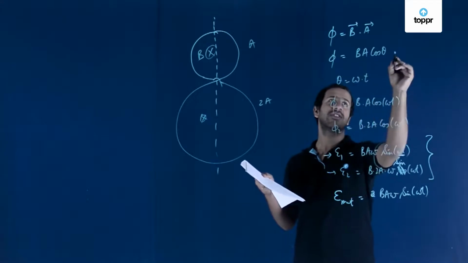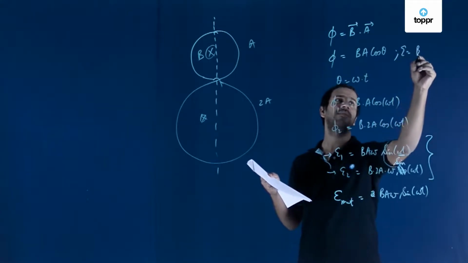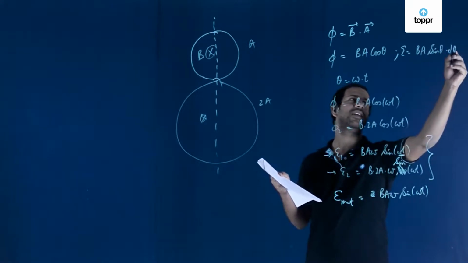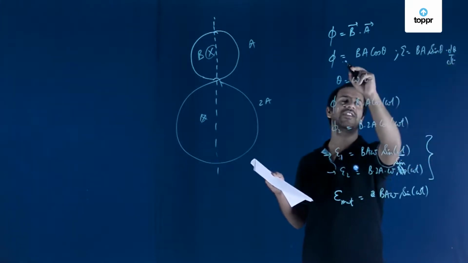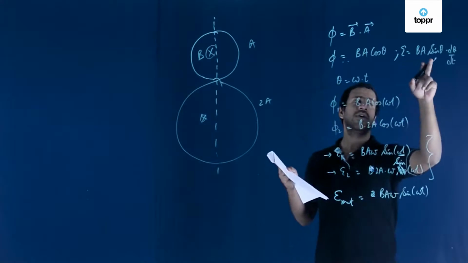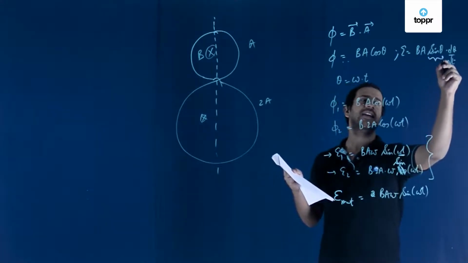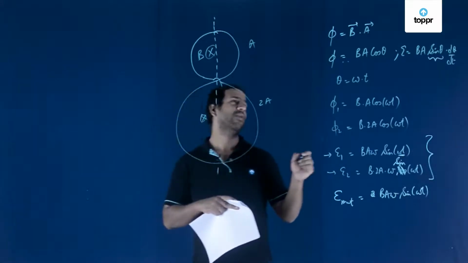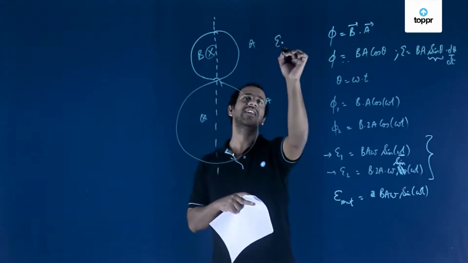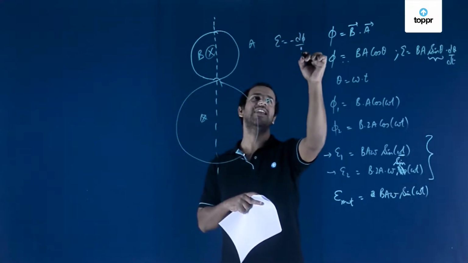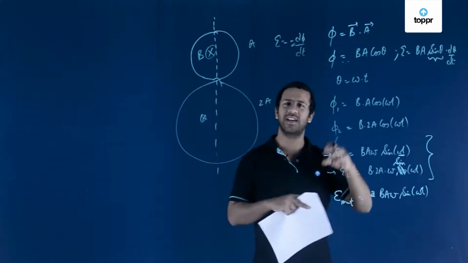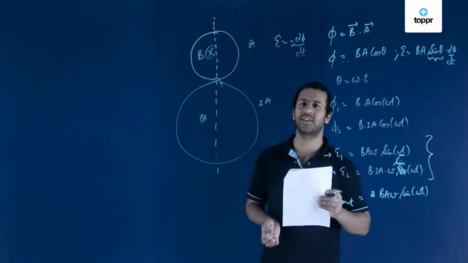So since flux was this, EMF will be of the form BA into sine of theta into d theta by dt when I differentiate this, right? So you can clearly see sine theta will become 1 when theta is 90. Therefore, this option is correct. Which also reminds me of this fact that E is minus d phi by dt, but I am dropping that minus sign conveniently because here we are not concerned much with the direction.